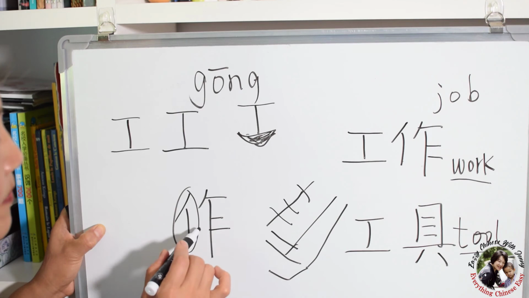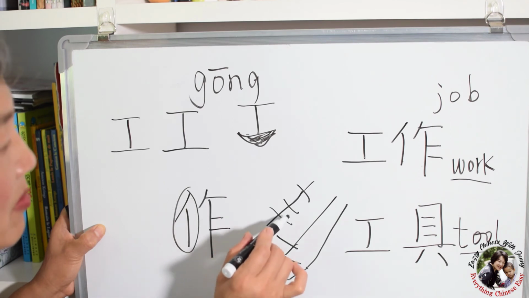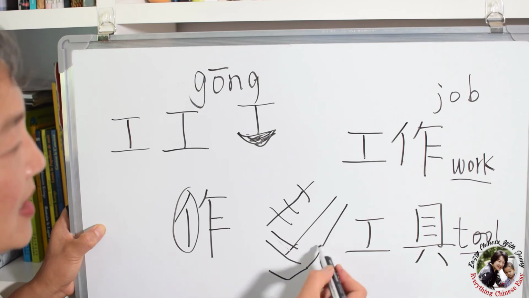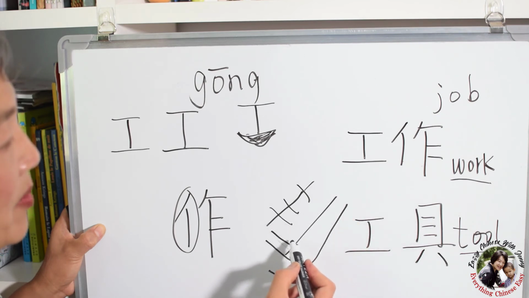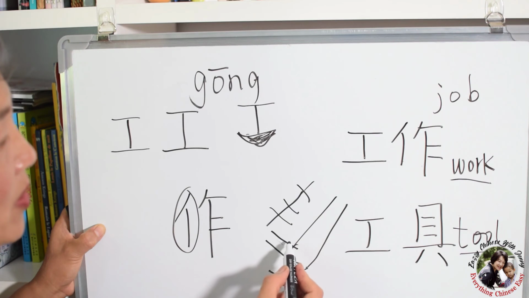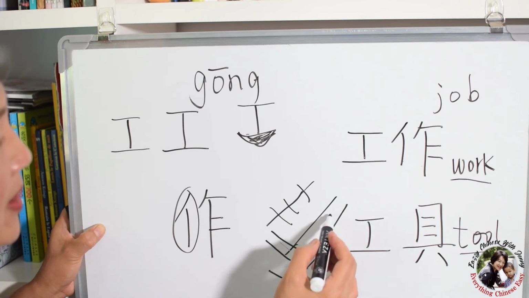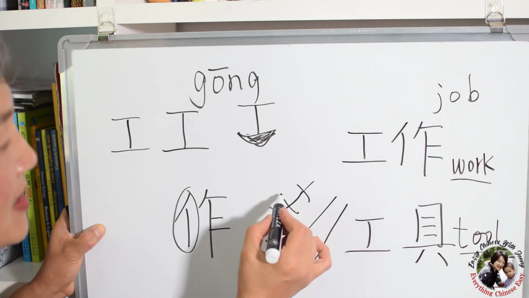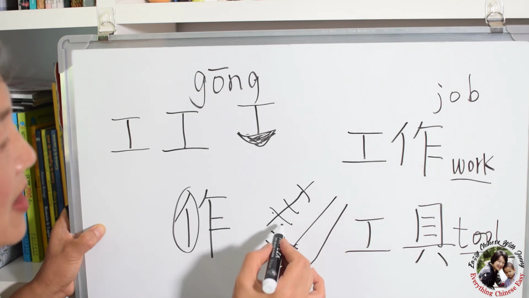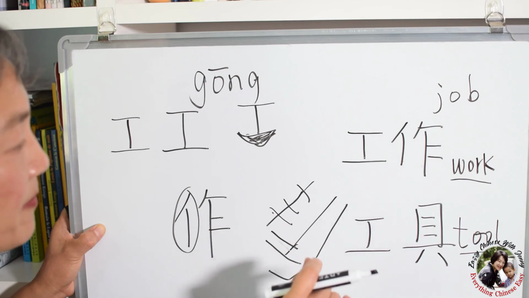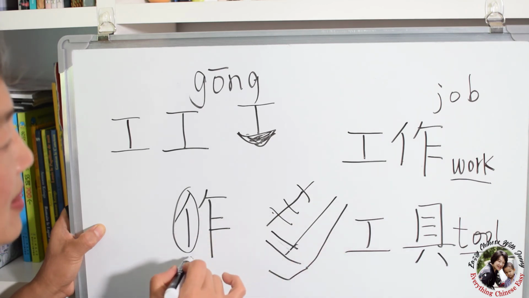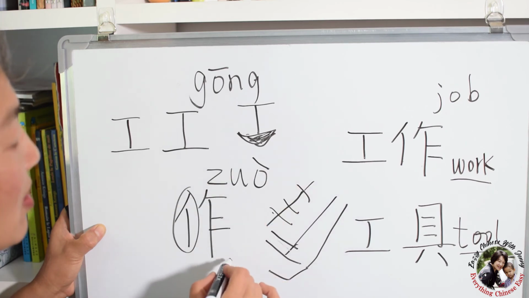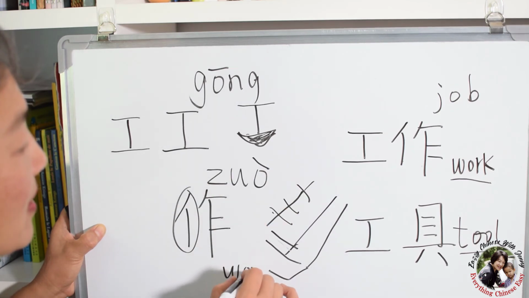做, this character with the person radical. This side comes from this image. See, this is the V-shaped collar. In the past, in Chinese traditional clothes, the collar is always like this V-shape. And this is the stitches. The people doing the stitching on the collar means 做, also means work.